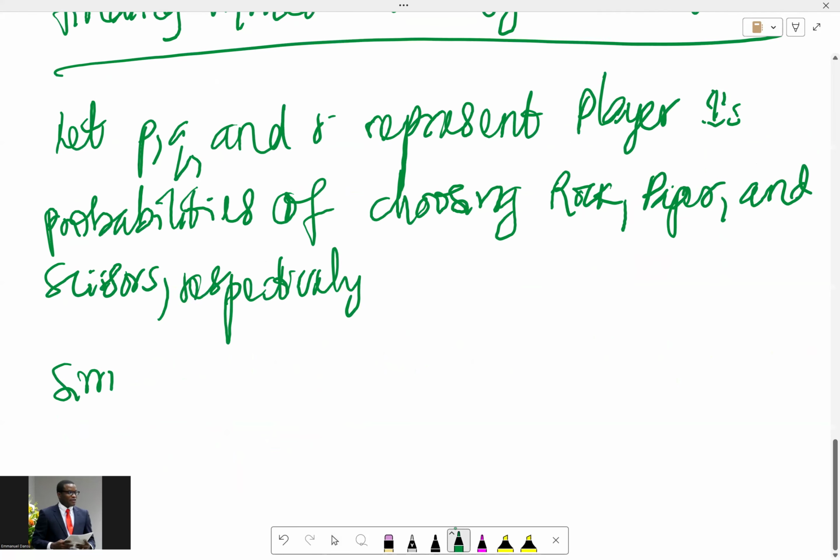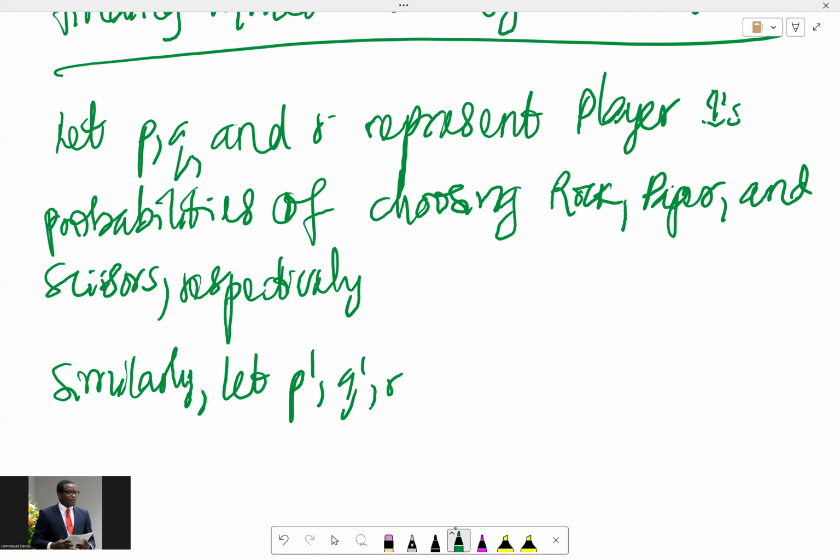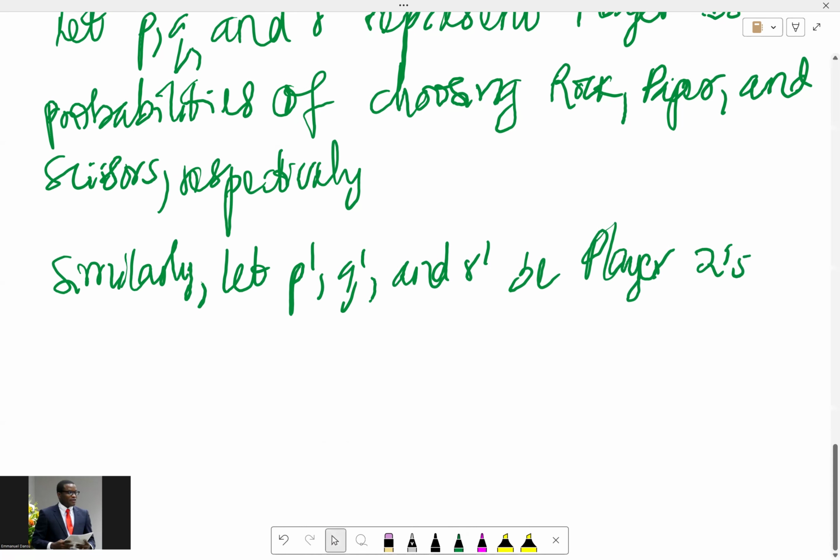Similarly, let P prime, Q prime, and R prime be player two's probabilities.